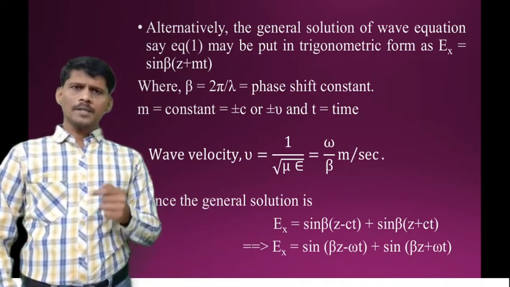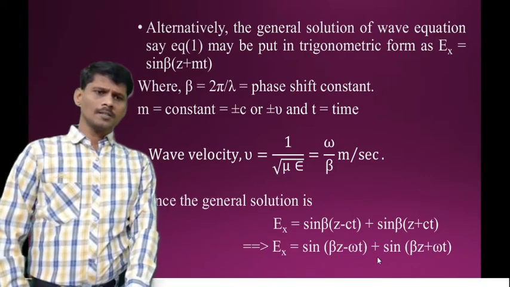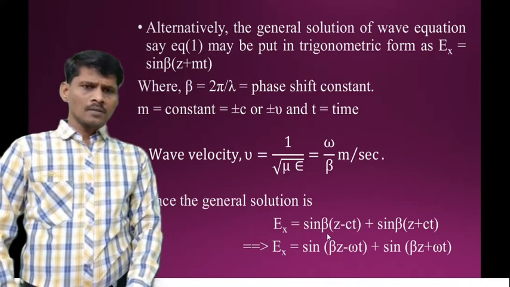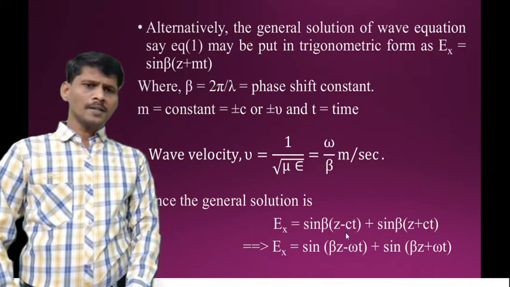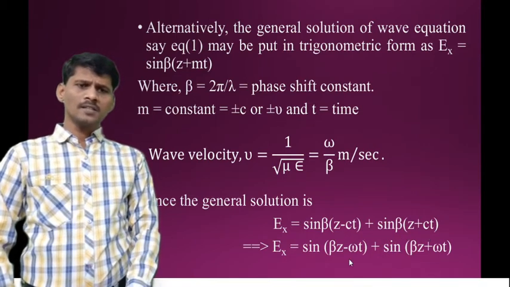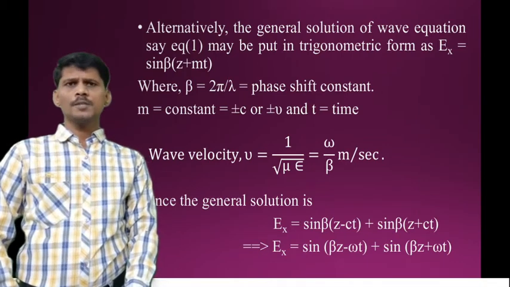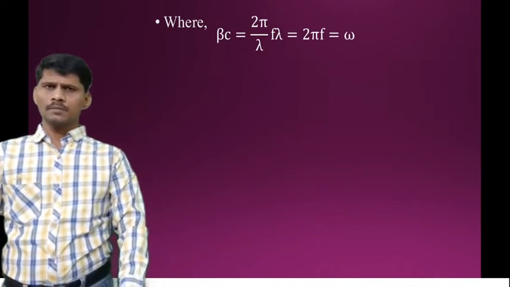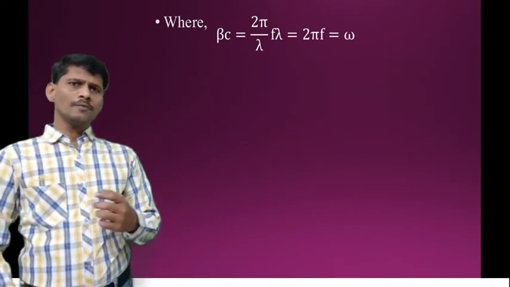Multiplying beta within the bracket term: sin of beta z minus omega t plus sin of beta z plus omega t. Sin of beta z minus beta Ct, sin of beta z plus beta Ct. Beta C is equal to omega. What is beta? Beta is the phase shift constant, 2 pi by lambda, where C is the velocity. So what is the velocity? F into lambda.